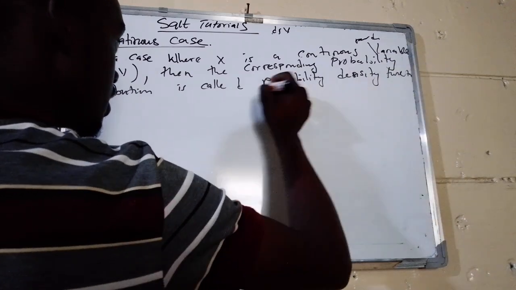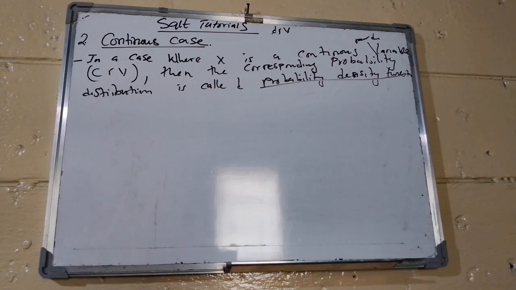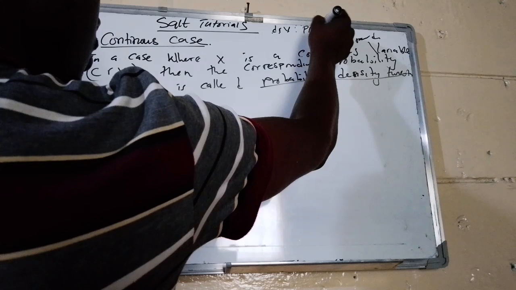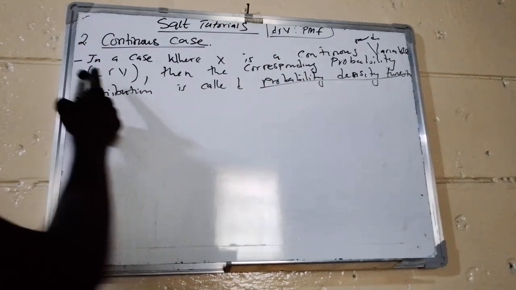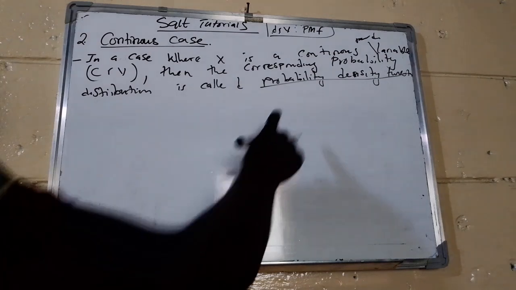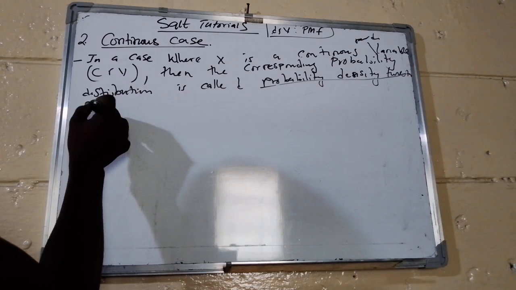Now, I have to be able to understand the difference when we are dealing with a discrete case and when we are dealing with a continuous case. When we are talking about the discrete case, the probability distribution is called the PMF, which is the probability mass function. So the DRV follows the PMF. But the CRV corresponds to a distribution which is called the probability density function, the PDF.